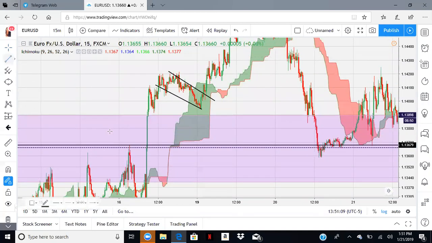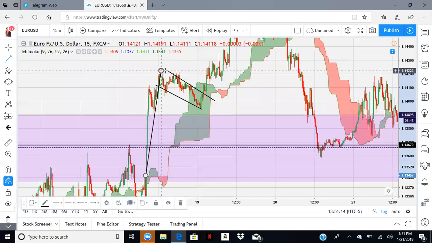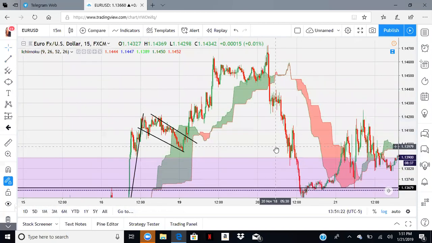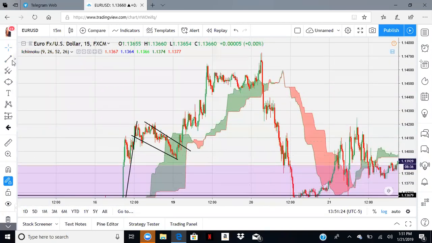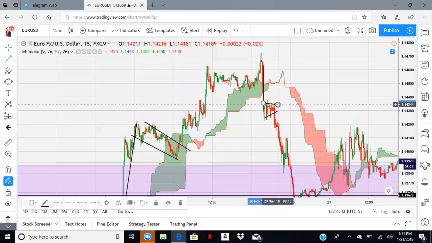If you don't see how this looks like a pole and then the flag, that's why it's called flags. Like this, pole, flag. Makes sense to me.